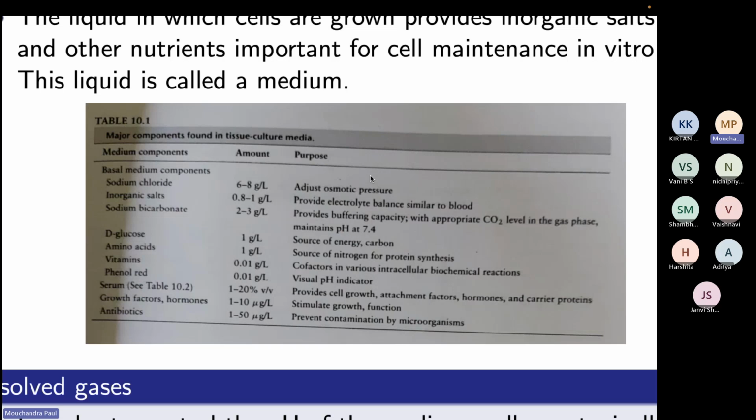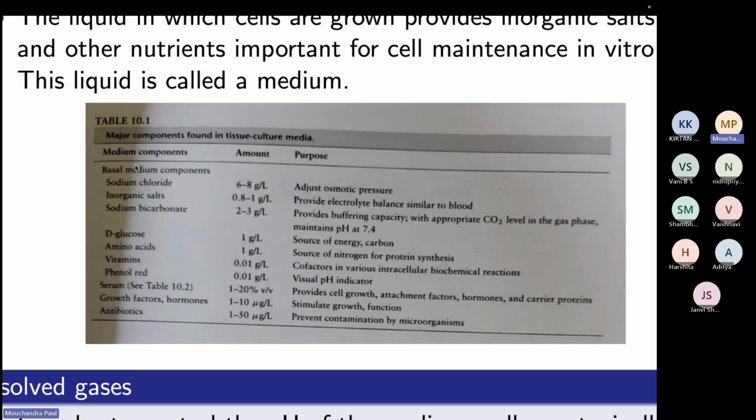Okay. So this table shows the components that are typically found in a cell culture media. First, note this is a basal medium, meaning in this medium there is no serum, or serum-free medium, usually we call a basal medium.